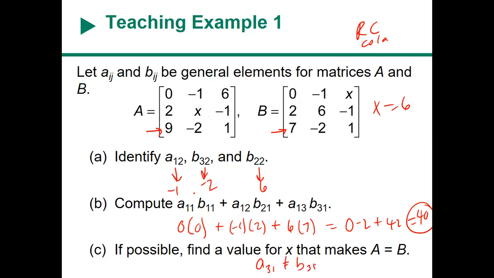So therefore, matrix A cannot equal matrix B. If you said x equals 6, you would have been right if A31 were equal to B31, but they are not equal. How do you feel about the basics of matrices, the matrix elements?